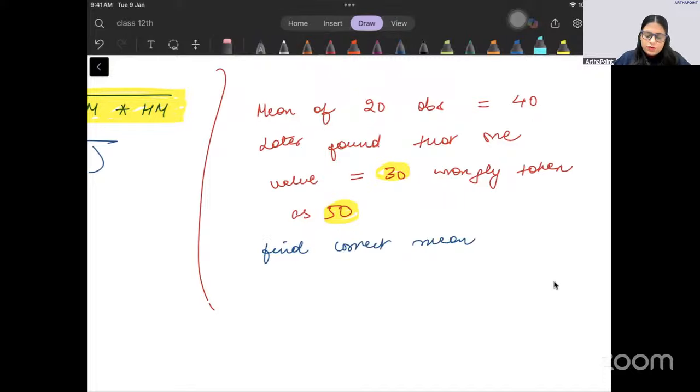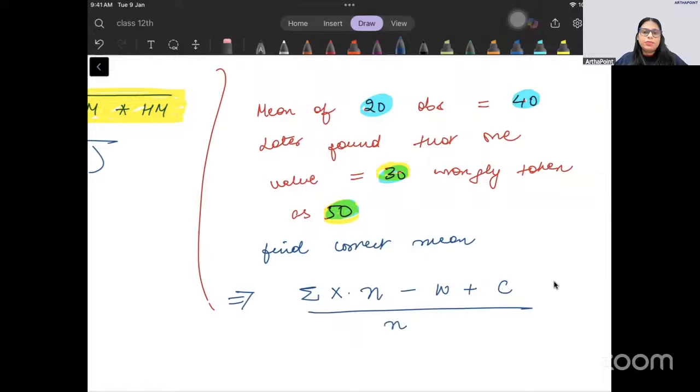So the mean of 20 observations is 40. There was one value which you had wrongly taken as 50, but it should be 30. So what will be the formula of the correct mean? It will be summation x into f, yes, summation x into n, minus wrong observation plus correct observation, divided by the number of observations.